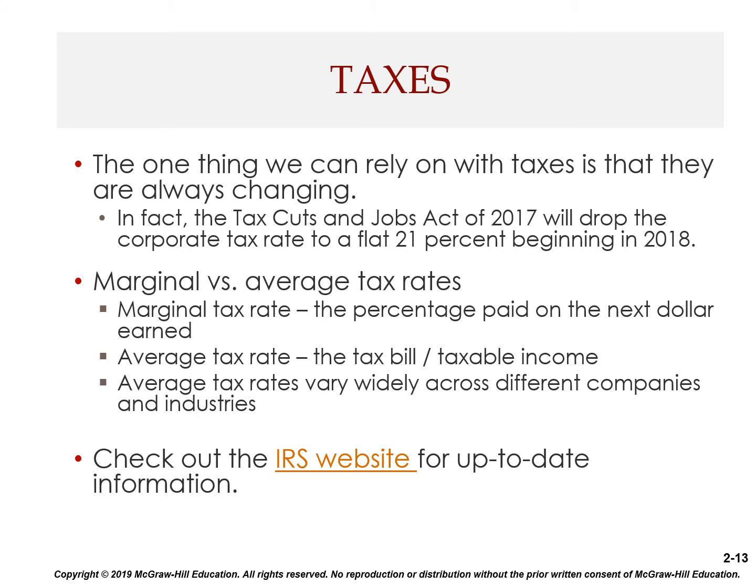The next 25,000 between 50,000 and 75,000 is taxed at 25%. The next 25,000 between 75,000 and 100,000 is taxed at 34%. And then the next taxable income between 100,000 and 335,000, well, their taxable income is 200,000. So it would be 100,001 to 200,000, or $100,000, is taxed at 39%.